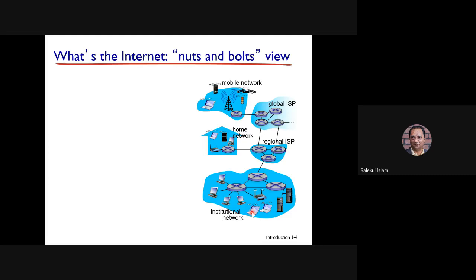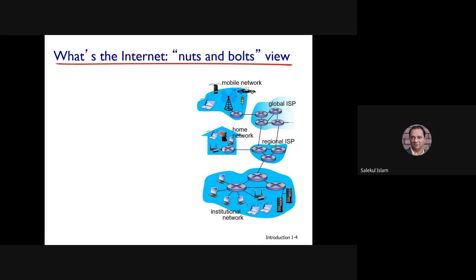Interestingly, you use all these three types of network. When you are home, most of the time you are using broadband. Sometimes when you are traveling, or at a restaurant or some other place, you are using a mobile network. And when you are at UIU, or after your graduation when you go for work, you are going to use the institutional network.